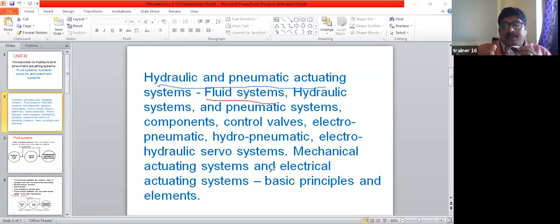In other words, we can call it an actuator. This actuator activates a machine or a system or an equipment to get our desired output or desired motion, which may be linear or rotary motion.